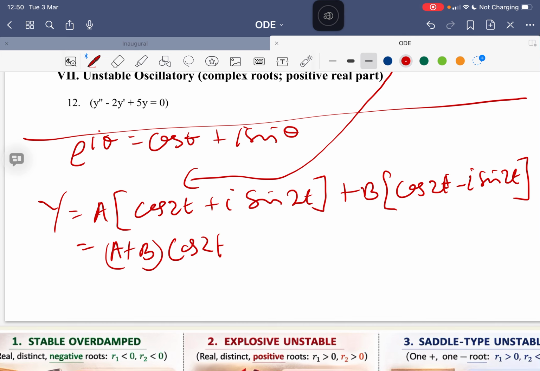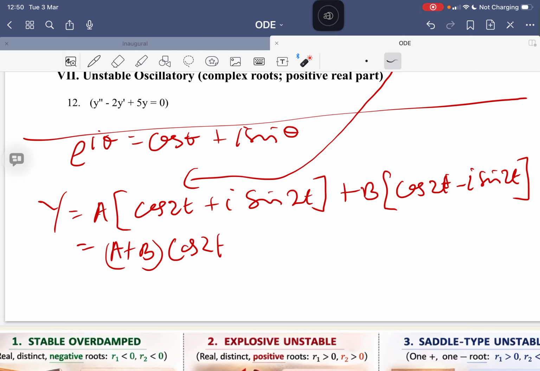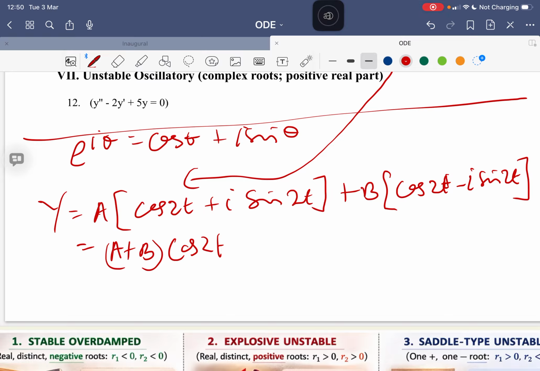cos 2t. When I take this and this term, then I will now take this term and this with i and this term. So I will now say plus (ai minus bi) sin 2t, right? I've now compiled them.